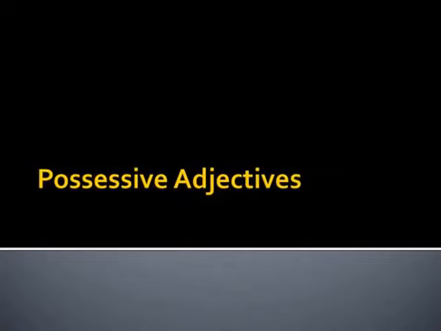You'll recall that an indefinite article is the word ein, for instance, ein Auto, a car. Then I'm going to conclude the presentation with examples of how possessive adjectives are used in German.